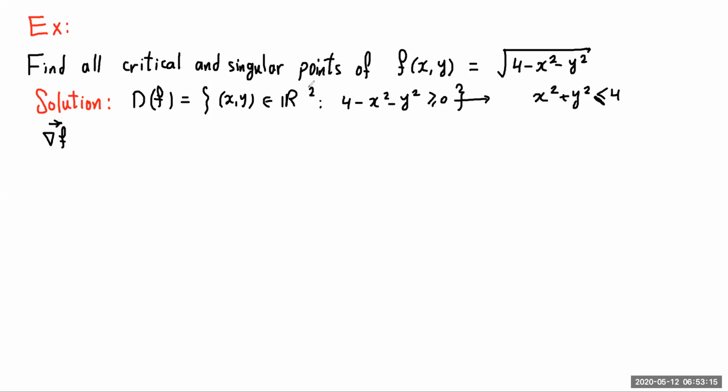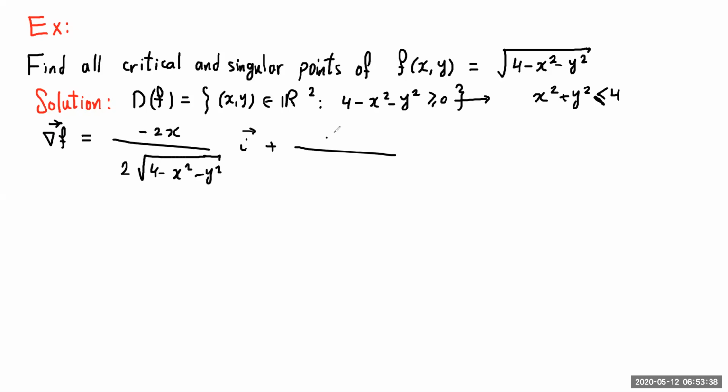So let's calculate the gradient of the function. So we have here: the derivative of the term under the root, 4 minus x² minus y², is minus 2x over 2 times the root of 4 minus x² minus y², times i, plus minus 2y over 2 times the root of 4 minus x² minus y², times j.